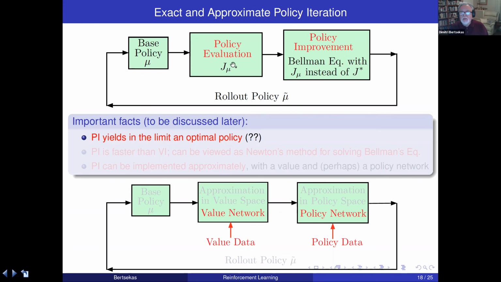And we evaluate it by any of the methods that we gave in the previous slide. And then you improve it by minimizing in Bellman's equation, but with J mu instead of J star. And that gives you another policy, which we call the rollout policy. And in exact policy iteration, you take this new policy and you make it the base policy for the next iteration, and you keep going around this loop, generating a sequence.